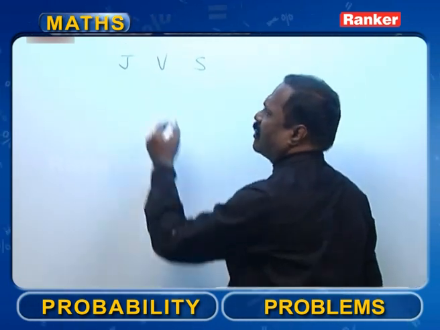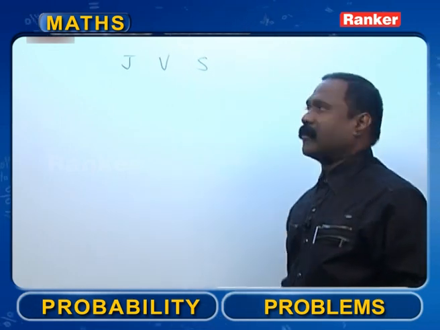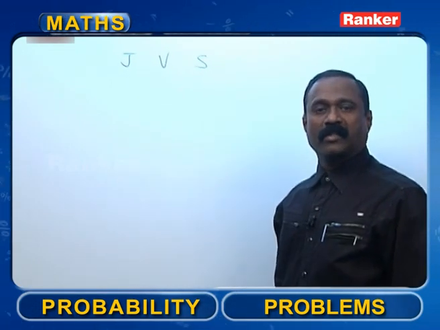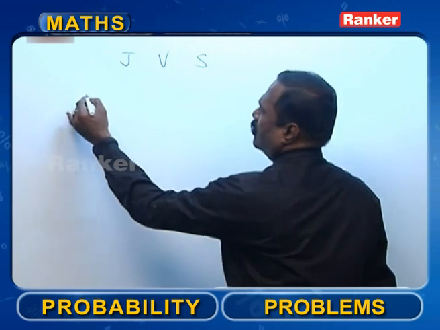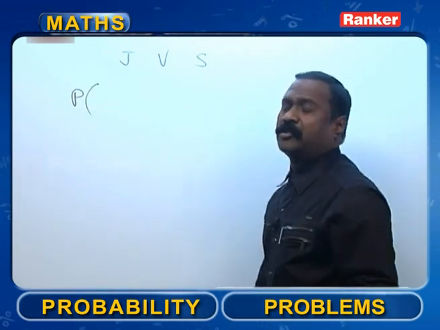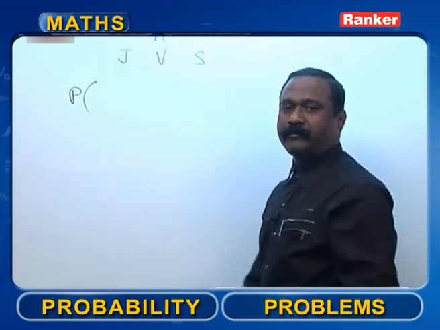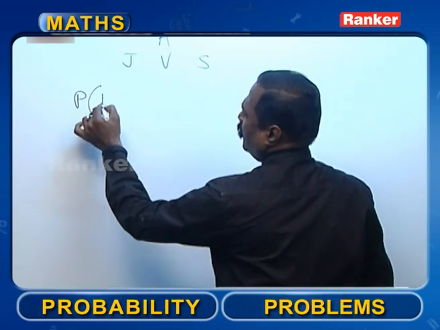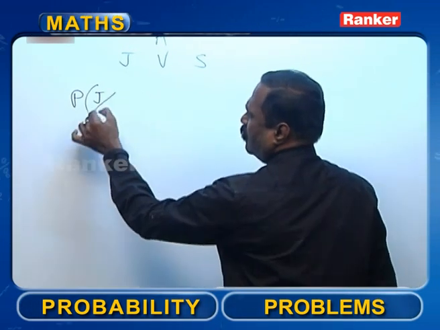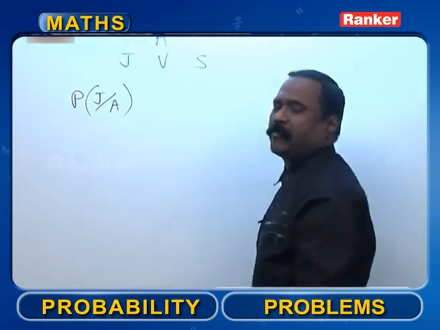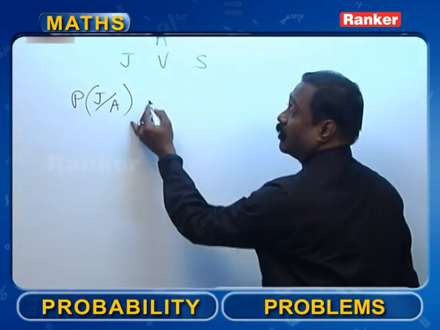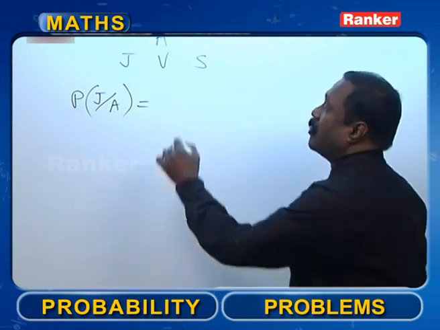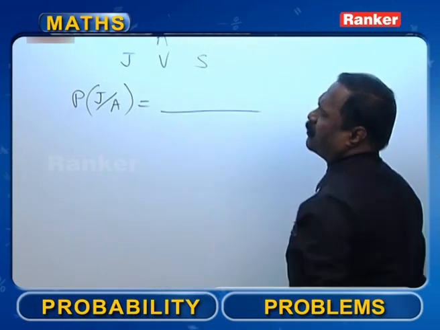In such a case, you want the selection in JEE. Let me say the selection is A. So the probability of your selection for JEE, P of J given A, must be computed using the sum of all these probabilities.